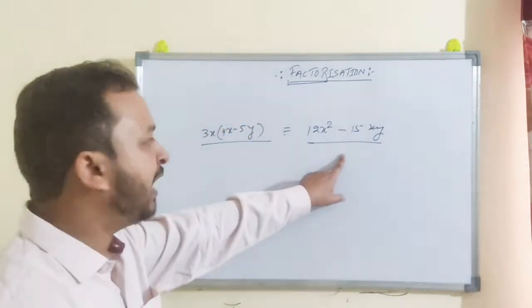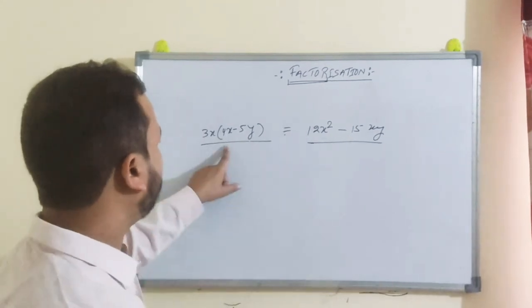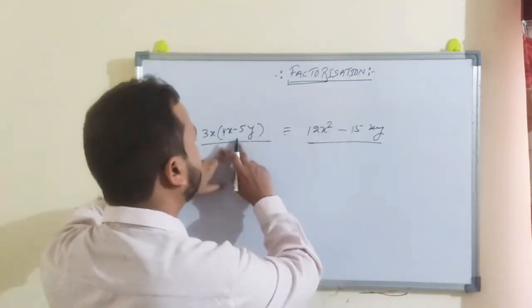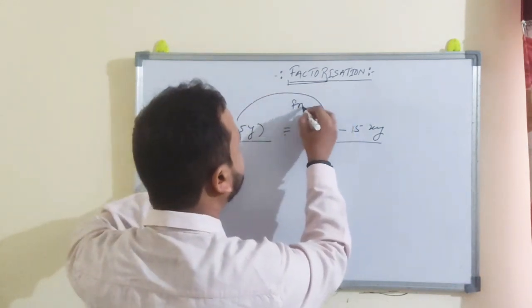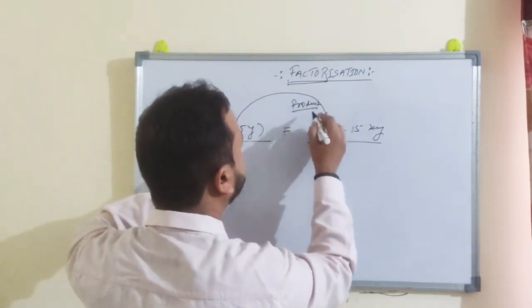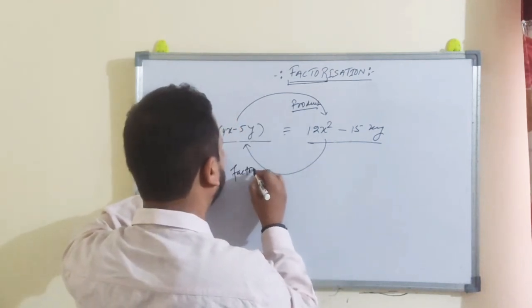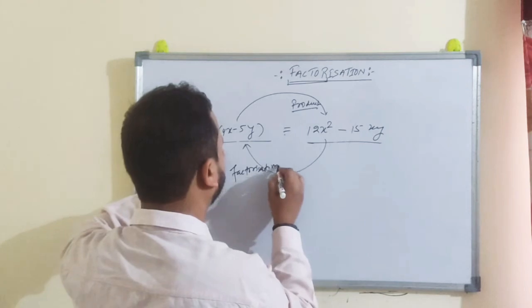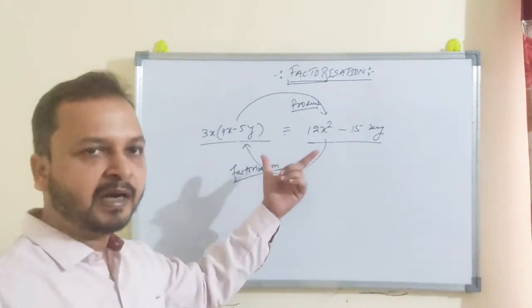This is the product, right? And when you write like this, this is the factorization of this, and this is the product of this. So you can see that this is the reverse process, right?